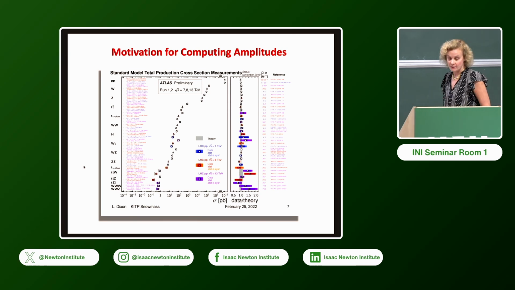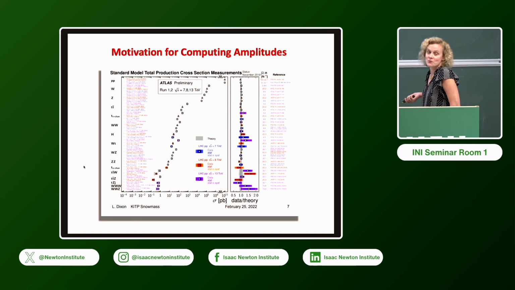And here I have a plot of the standard model production cross-section measurements. If you can see in the back, as the number of final states goes from 2 to 3, the theoretical uncertainty, which is in gray here, starts to grow right here. That's all you need to take away from this plot. There are lots of things in this plot.